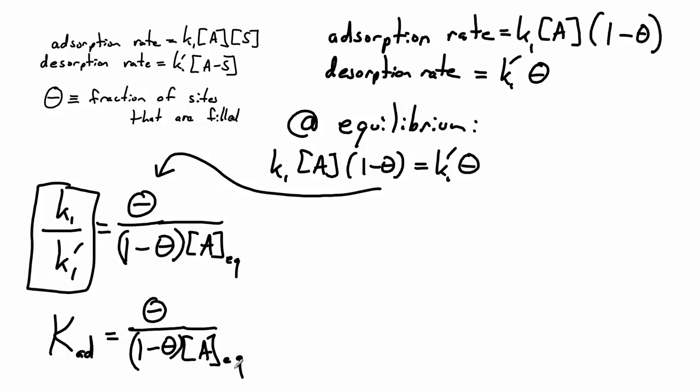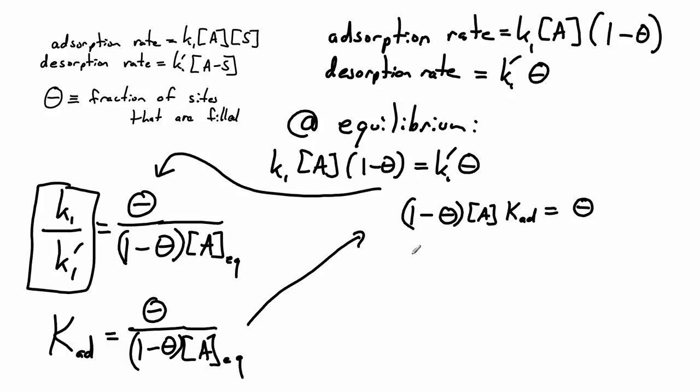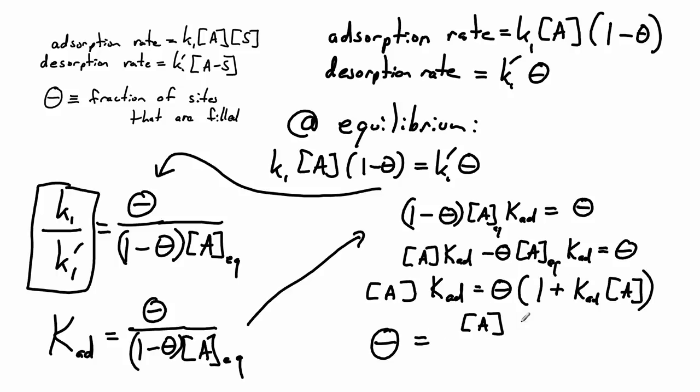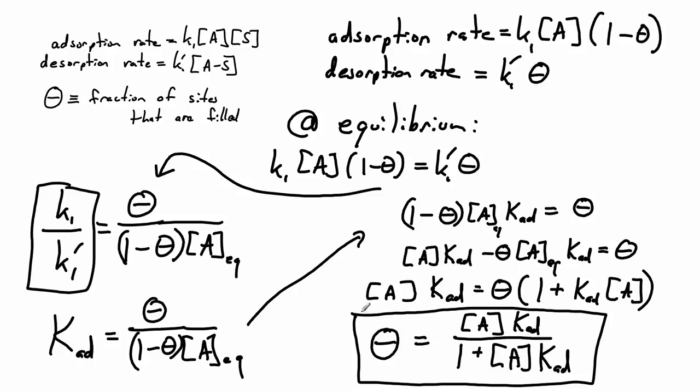At this point, we can solve the equation for theta. This is the form of the Langmuir adsorption isotherm you usually see, solved for theta.